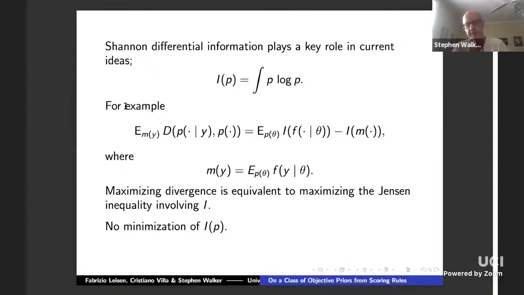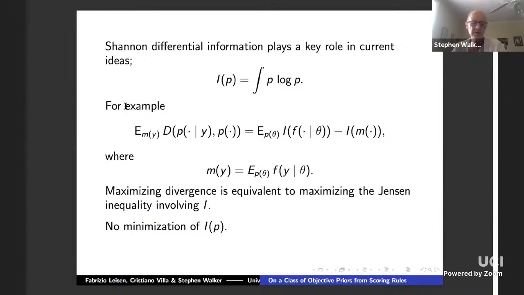It can be written in this sort of Jensen inequality type. So it's positive because this is just a Jensen inequality. So the idea of trying to maximize this divergence is effectively equivalent to trying to maximize this Jensen inequality. And so I don't want to comment further on whether that makes sense or not, but the point is that if you've got this information and the integral P log P, you'd say, well, okay, let's start from this position here.